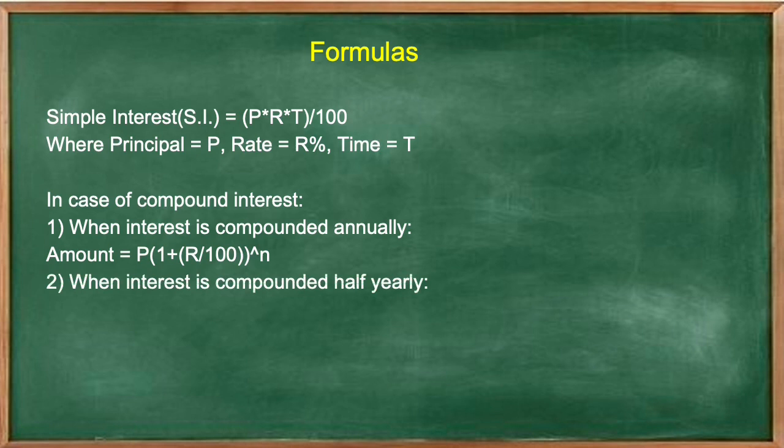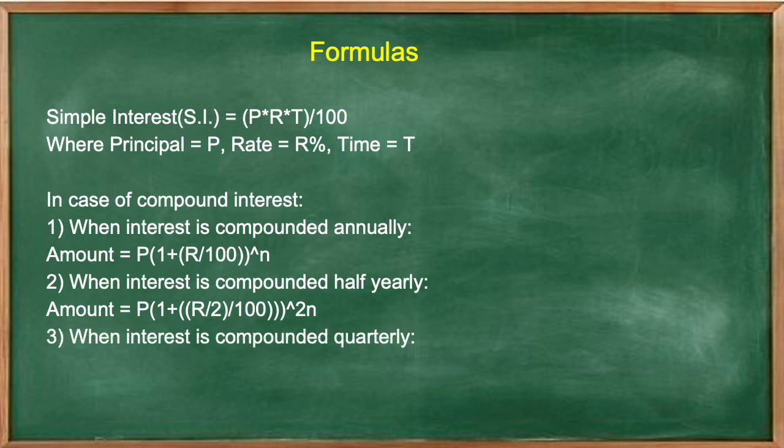When interest is compounded half yearly, the amount is equal to P into (1 plus R by 2 divided by 100) to the power 2n. When interest is compounded quarterly, the amount is equal to P into (1 plus R by 4 divided by 100) to the power 4n.